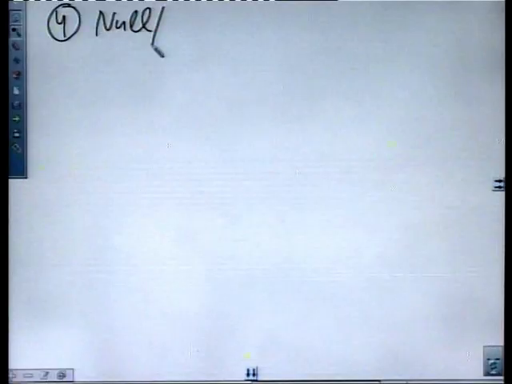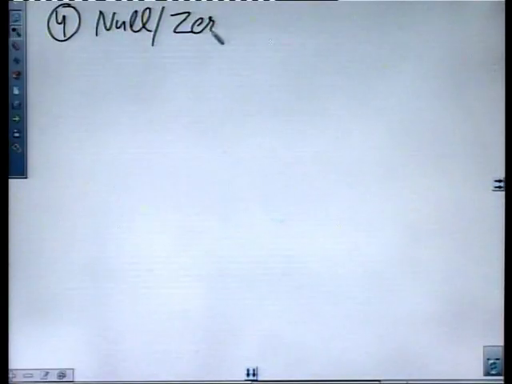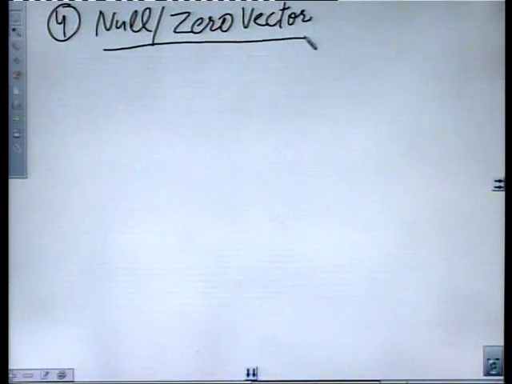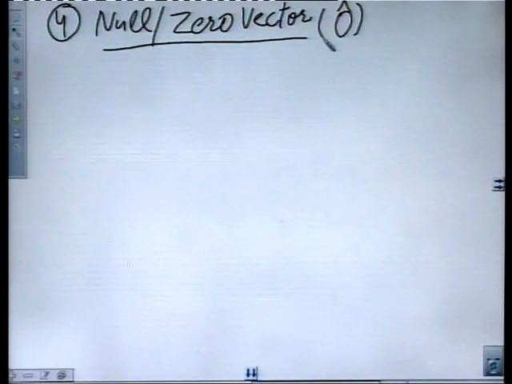Now the next vector is the null or zero vector. A null vector or zero vector is denoted by zero cap.